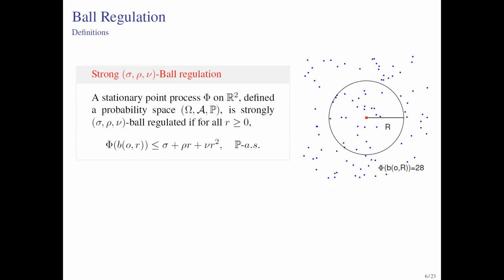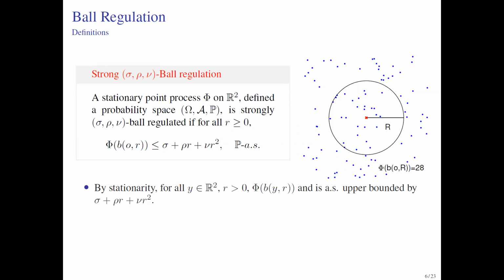So what I mean is, if you center at the origin and you take a radius and you count how many points are located within this ball. And this is required for all radius. By the assumption of stationarity, the same bound extends to when you are centered from an arbitrary location in space.